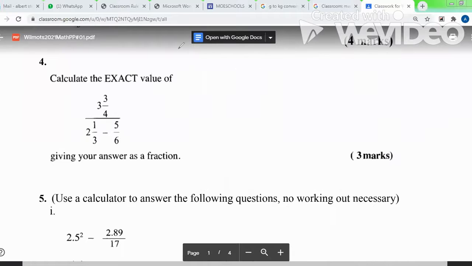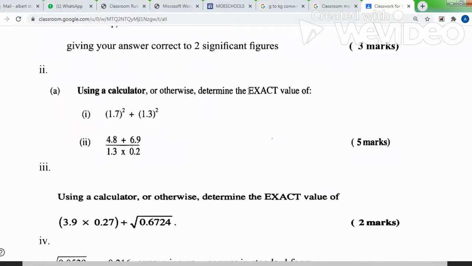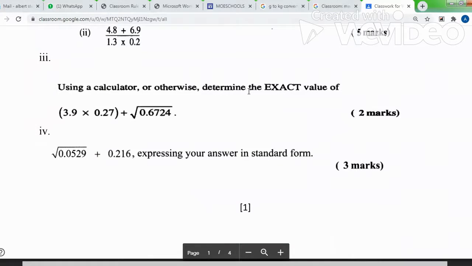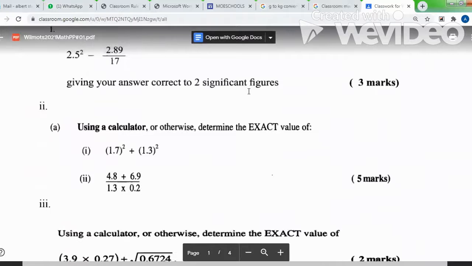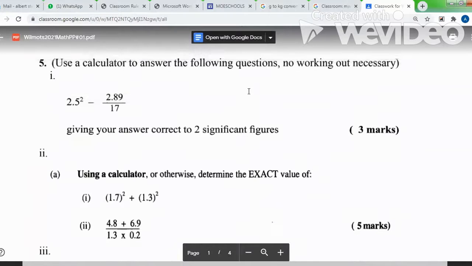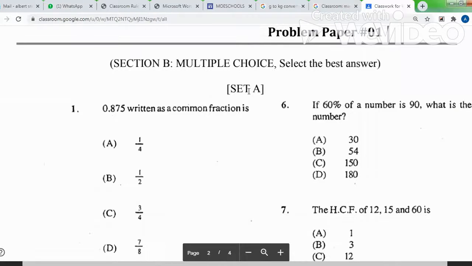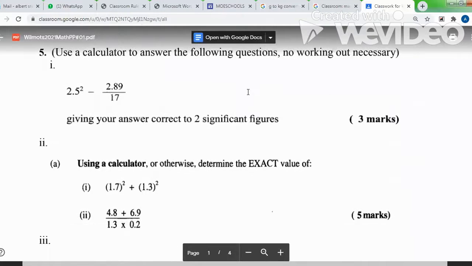All right. Let's look at another question. These questions basically are about using your calculator. Does everybody have a calculator with them? Yes, sir. All right.